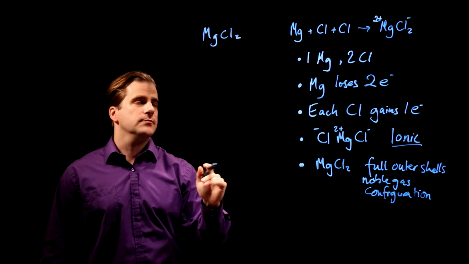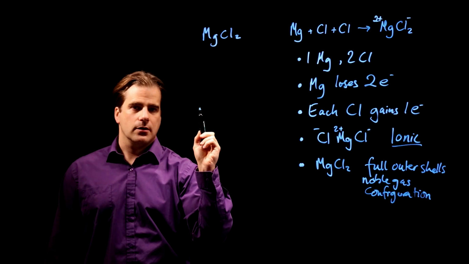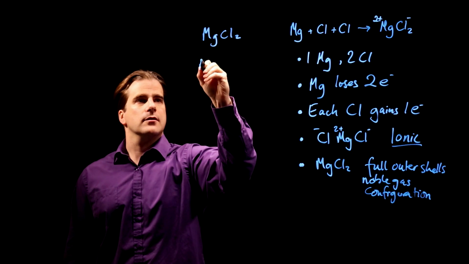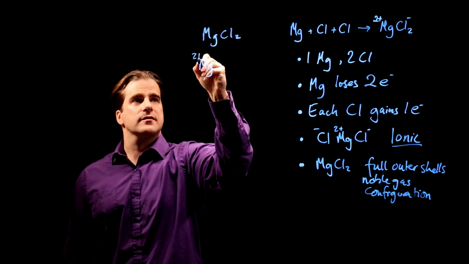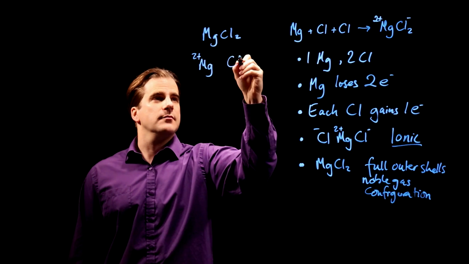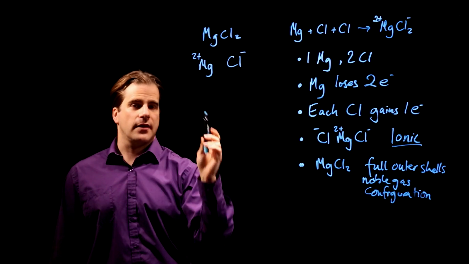Well, in its molten form, the Mg2 plus ion is free to flow, and the same with each of the chlorine ions, and that's the reason.